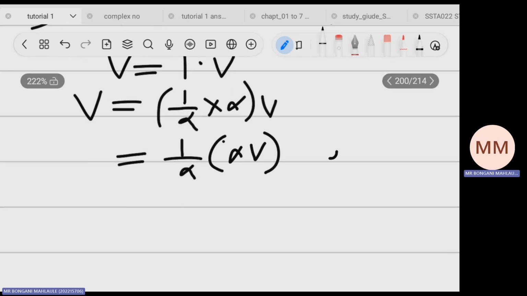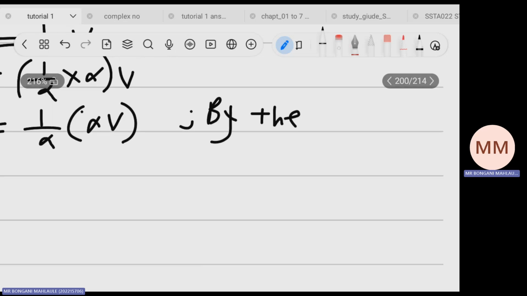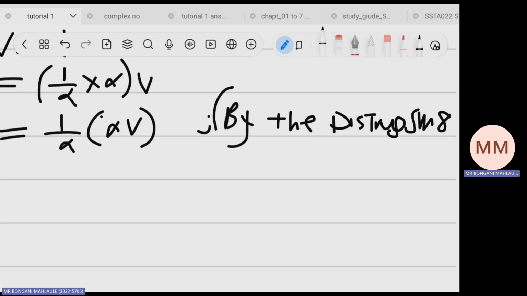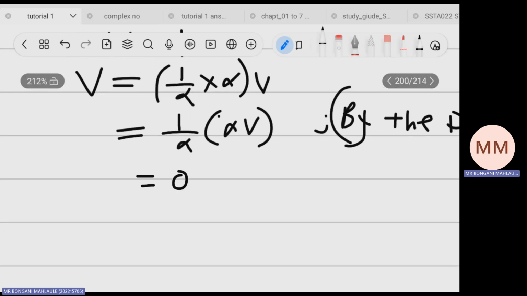We can write this by axiom 8, axiom SM8, or let me just say by the distribution property, which is SM8. Then now we can say this is equal to 0.